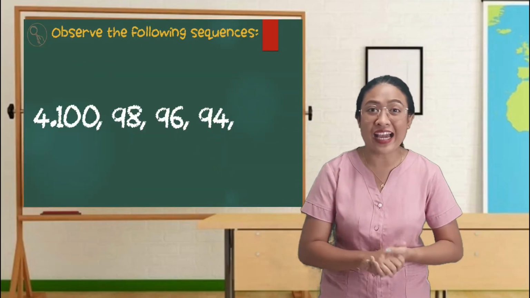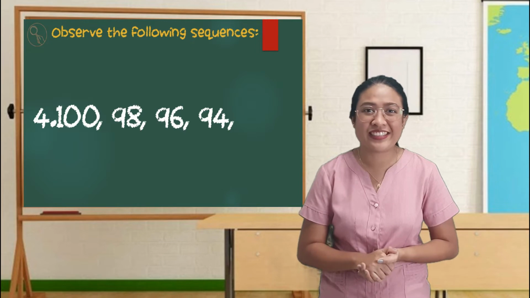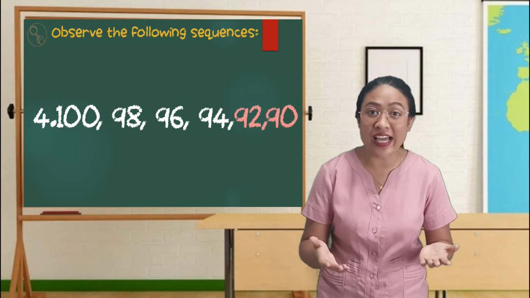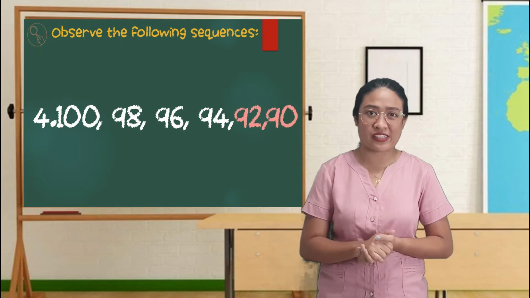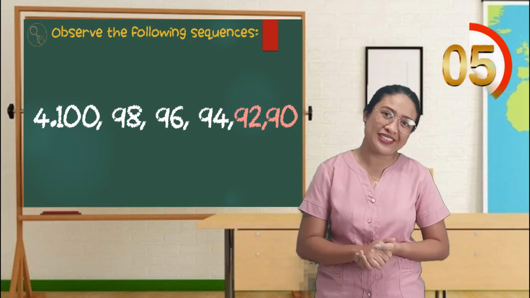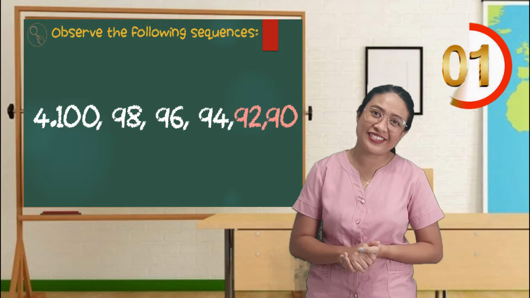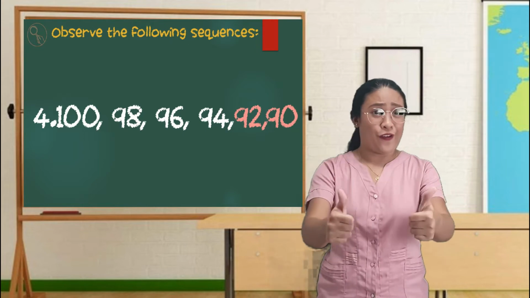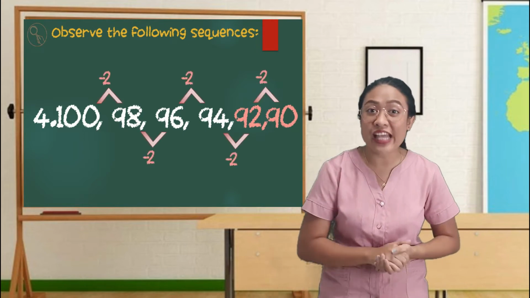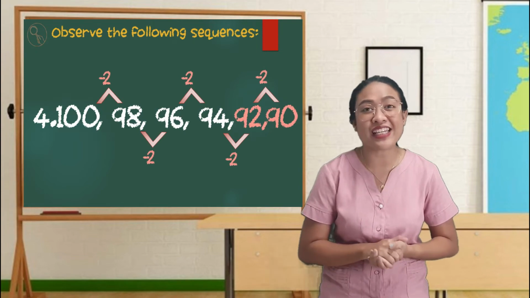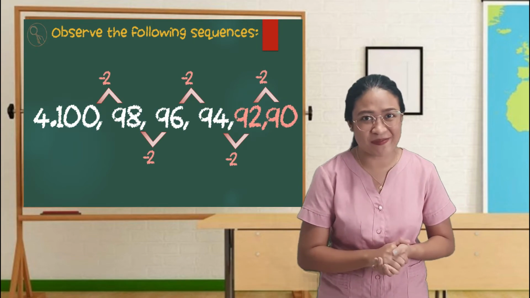How about in item number 4? 92 and 90 are the last two terms. Why do you think so? Very good! Because negative 2 is added to the preceding term to get the next term.